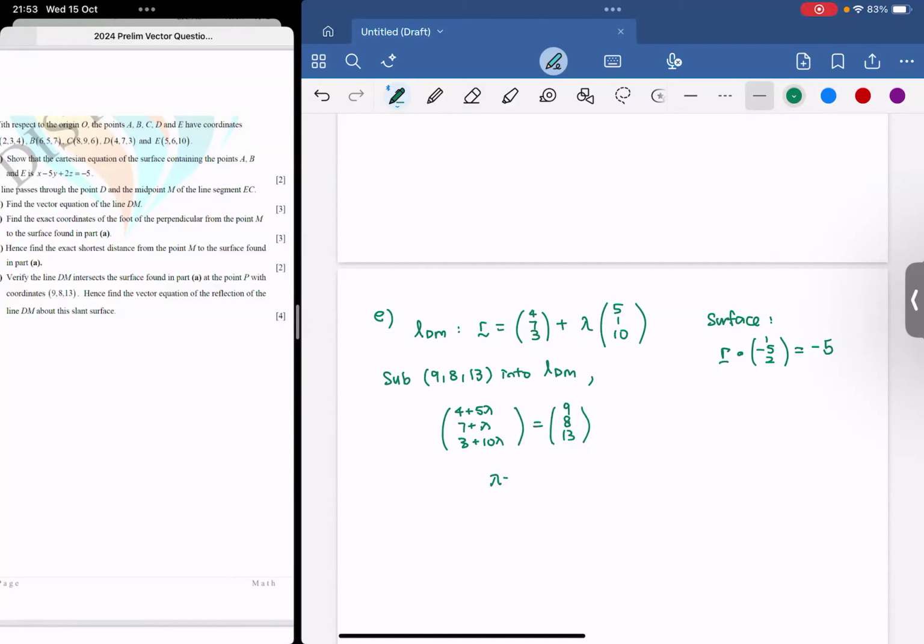So lambda equals to 1. You have a lambda that fits everything, so therefore this is on line DM. Next we also sub this into the surface.